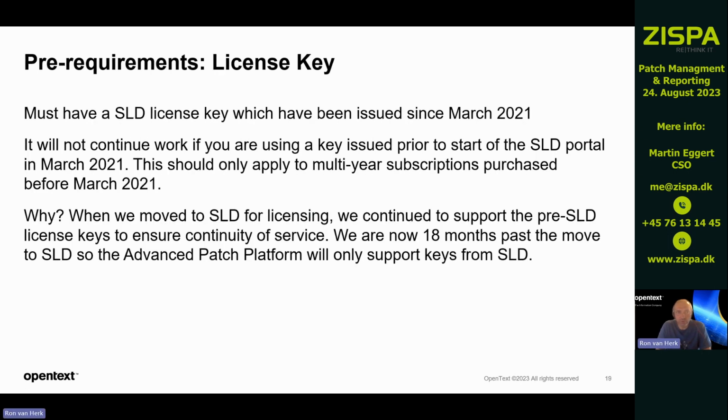Obviously, if you do go through that migration, you need to have your license key. If you renew your license after March 21, I believe it was later than that, it means that the old patch management feed is not supposed to work anymore.